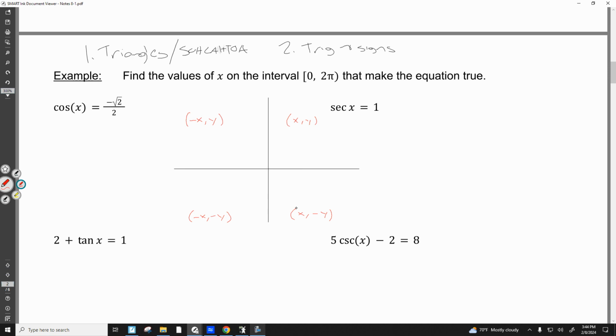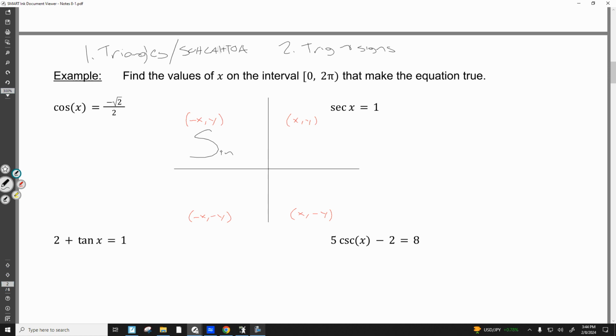Goes 1, 2, 3, 4. Okay, sine is positive. Cosine's negative. Tangent's negative. Cotangent's negative. Secant's negative. Cosecant is positive because it's a reciprocal of sine.